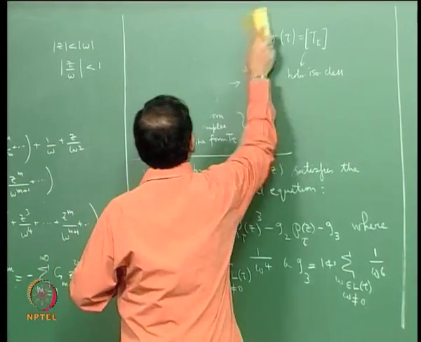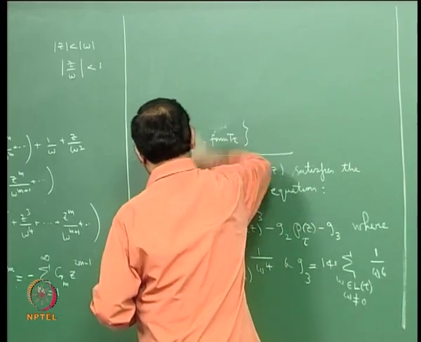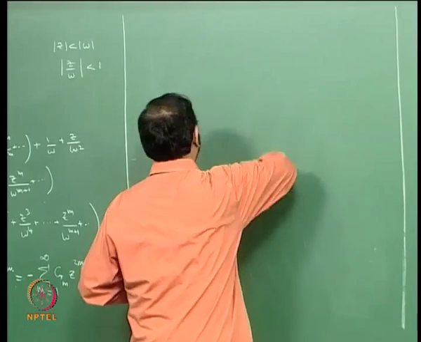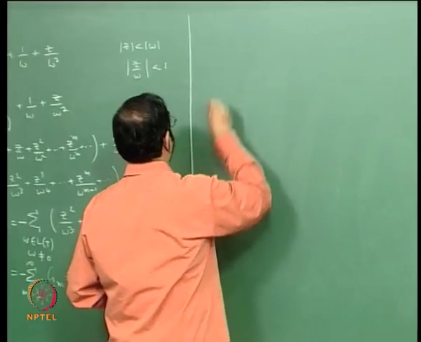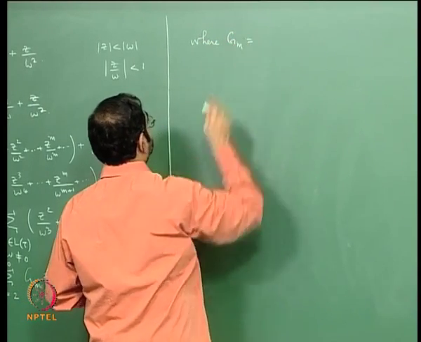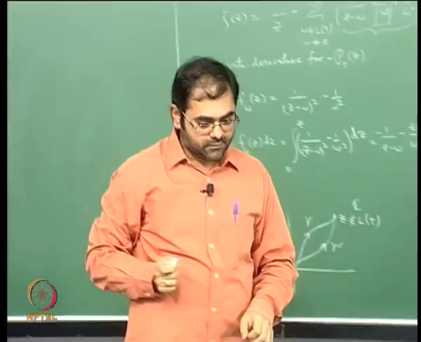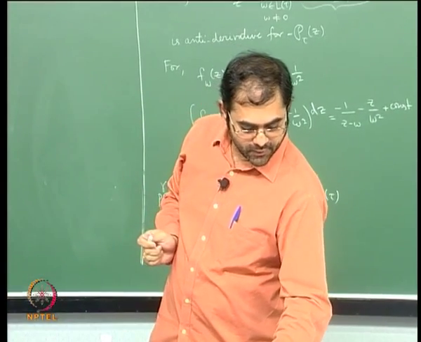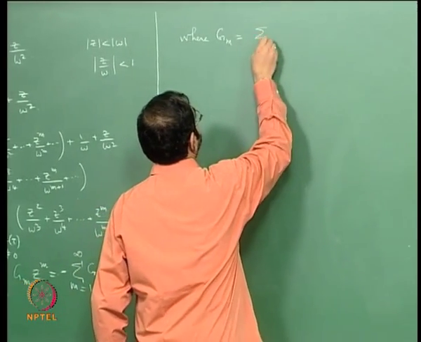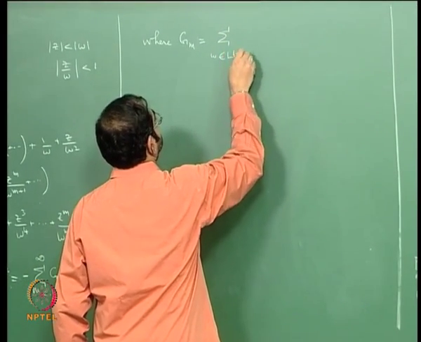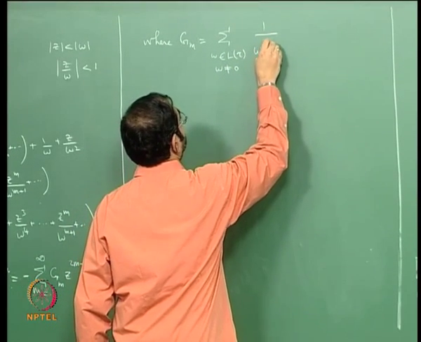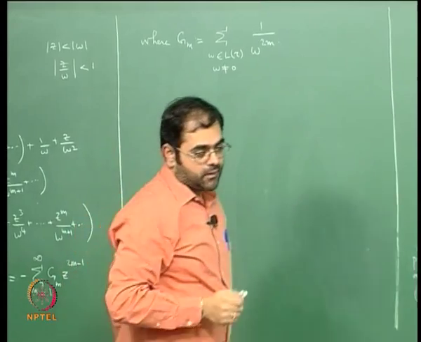Let me write it out. g sub m turns out to be summation 1 by 2 power m, summation over omega in the lattice, omega not equal to 0, 1 by omega to the 2m.